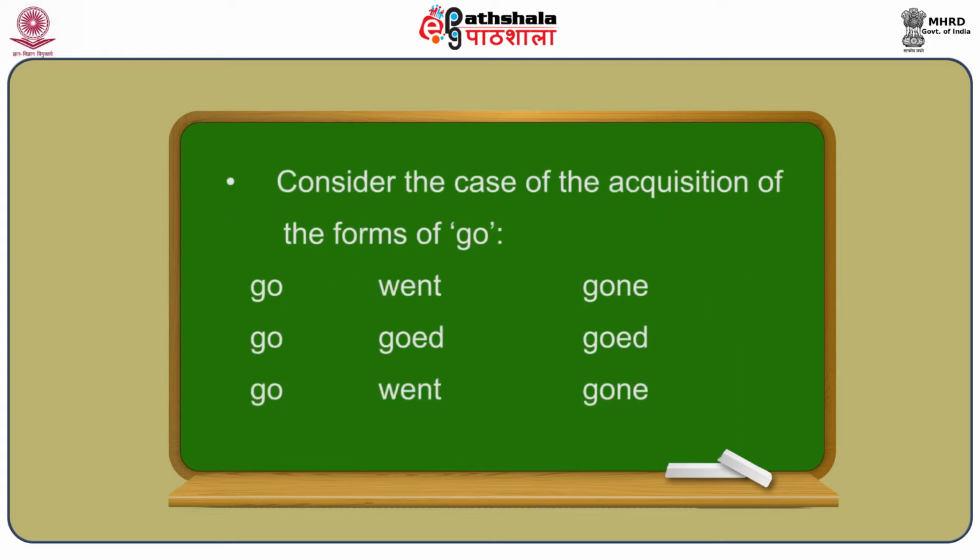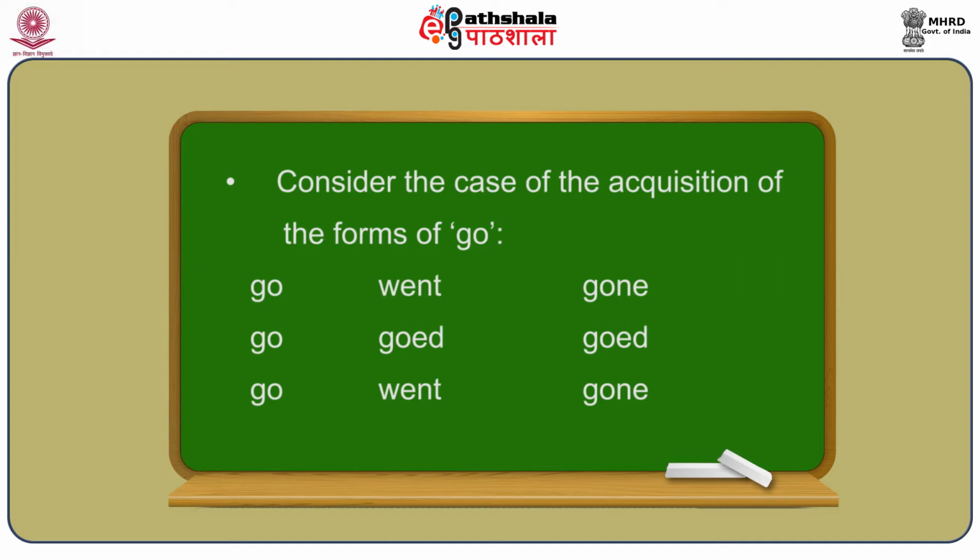Take the case of first language acquisition of the word go, for example. All children, whether in England or in Australia or in America or New Zealand or in India, irrespective of where you are learning English, if you are learning go, went, gone, and irregular forms of the verb like that, you have to go through three stages.